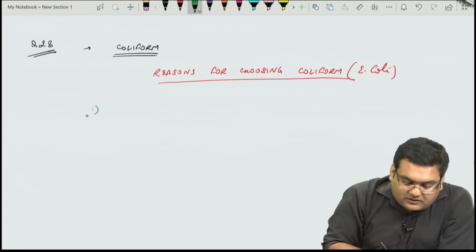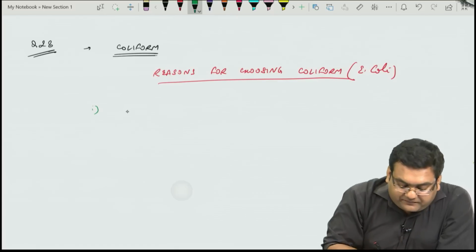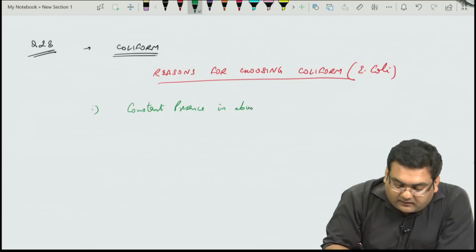First and foremost important thing is its constant presence in abundance in the human intestine.